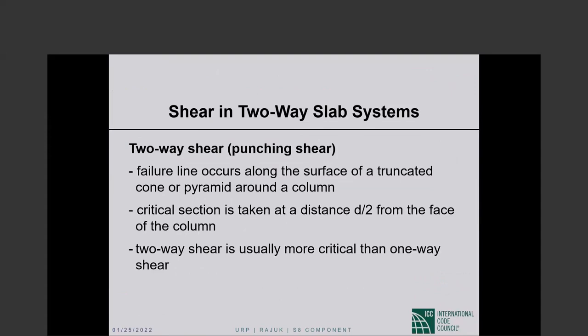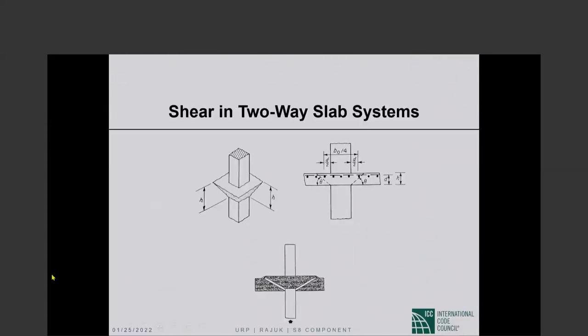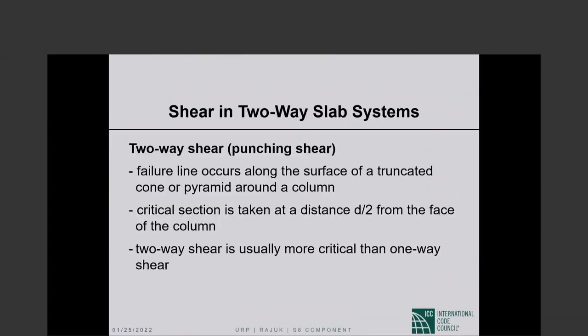Two-way or punching shear: failure line occurs along the surface of a truncated cone or pyramid around a column. Okay, so the failure surface looks like this. I think it is easy to visualize. This picture shows you the same thing. Now, these angles are up to us to assume, and there are assumptions built into how we design by ACI, but we will get there gradually.